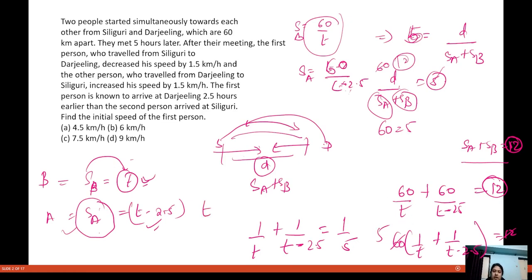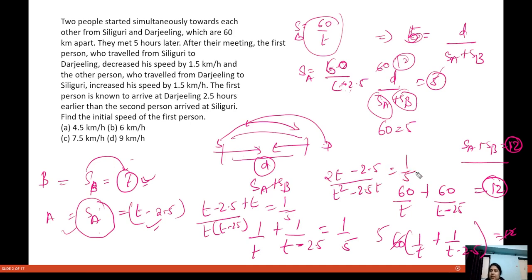Okay, so now you have t minus 2.5 plus t divided by t minus 2.5 is equal to 1 by 5. So this became 2t minus 2.5 divided by t square minus 2.5t is equal to 1 by 5. Now you will get 10t here, 12.5 here, and t square here, and minus 2.5t here.